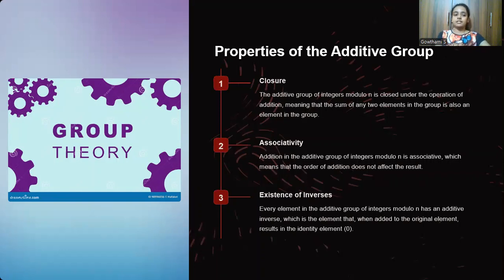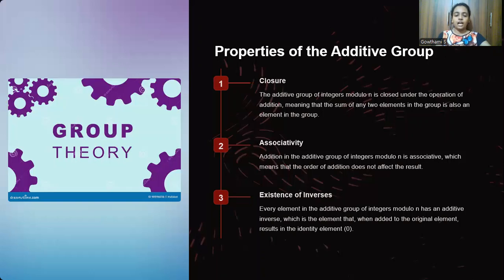For example, let us consider the elements A and B, which belong to group G. Now if I take A plus B, that number should also belong to the particular group G. For example, if I consider that positive integers are a set of group G, and I take A and B as 1 and 2, now 1 and 2 belong to the group G. And if I add 1 plus 2, that is 3, 3 also belongs to the group G. So this satisfies the closure property.